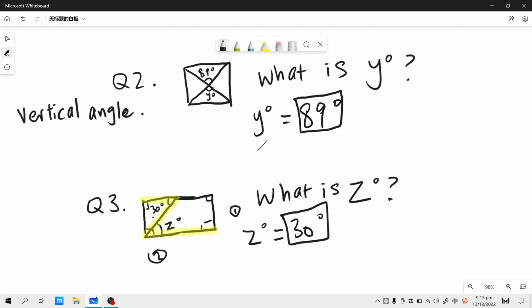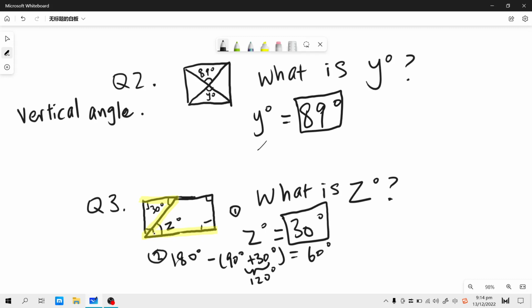So you know this is 90 degrees, you know this is 30 degrees. So it's just 180 degrees minus (90 degrees plus 30), so this is 60 degrees. So this angle over here is 60 degrees.